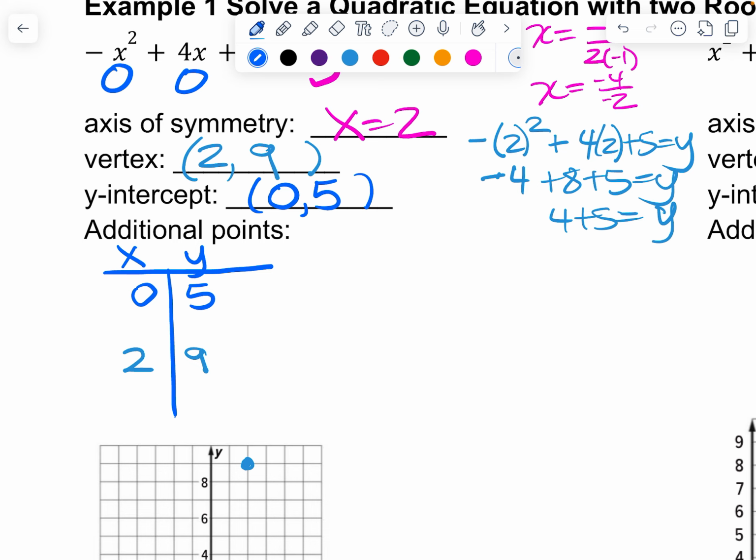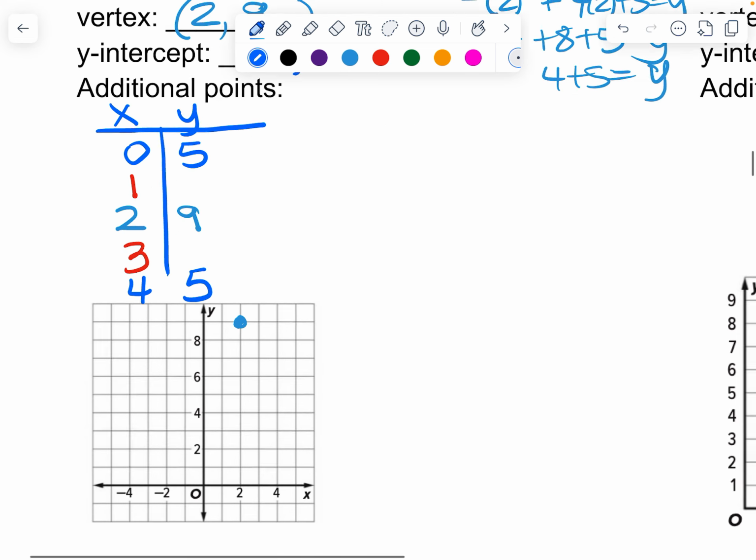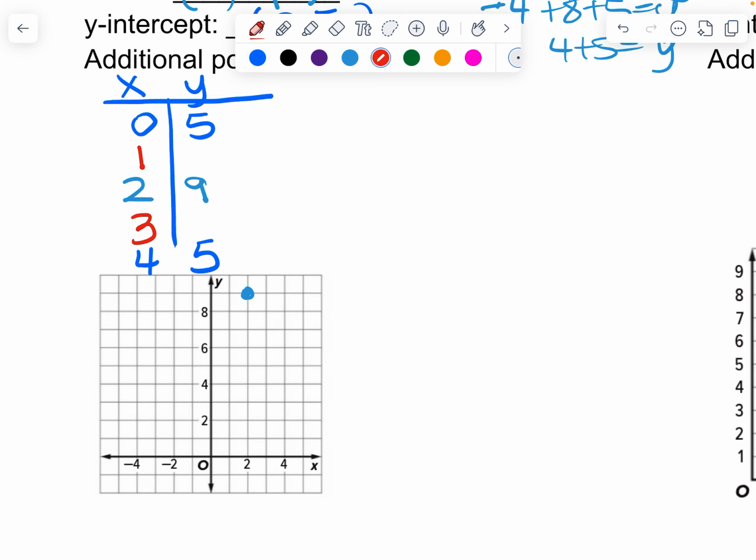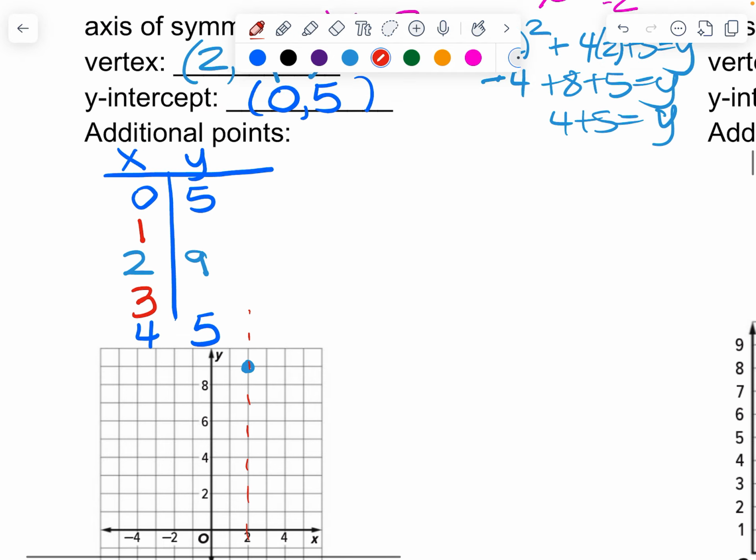Now, we have a 1 here, we have a 3 here, but remember the 4 is also going to be 5 because it's symmetric. Oh, did I do the wrong color? I did.